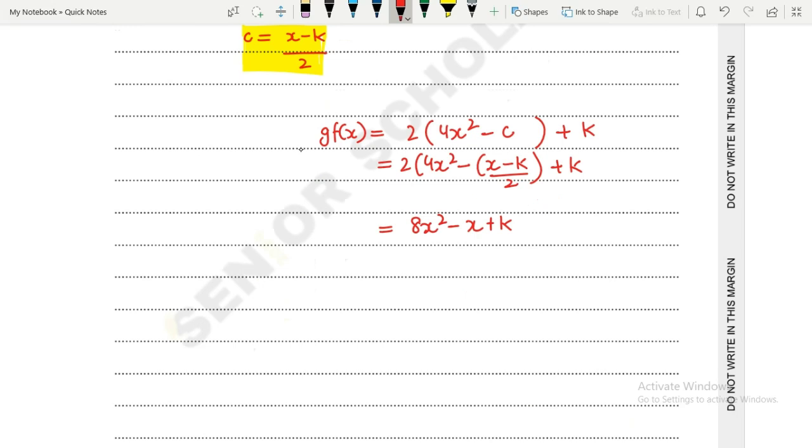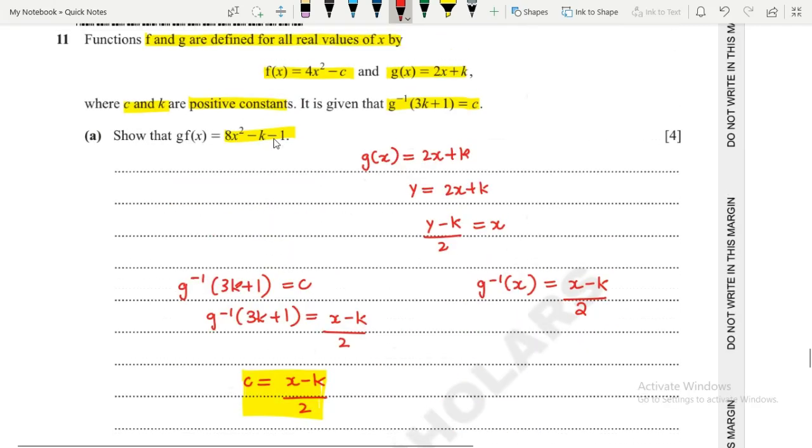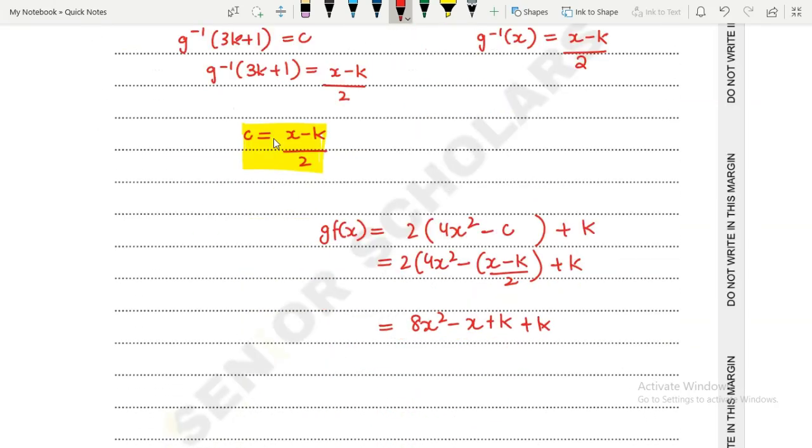Let me just check it. So this becomes 8x squared minus 2x, which cancels out when it multiplies with the x minus k. And then we also have a k here, so we do not have an x in that equation.